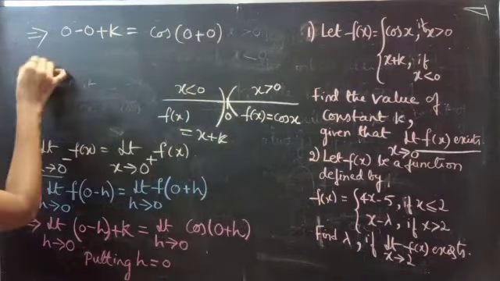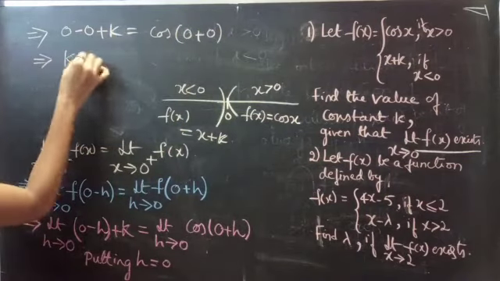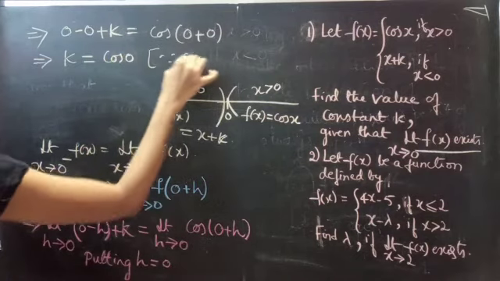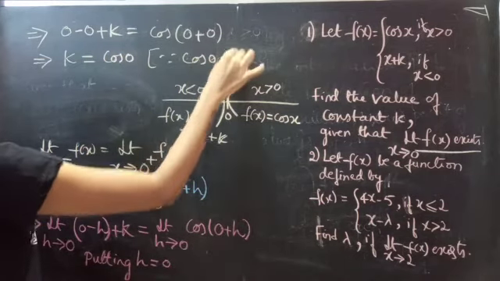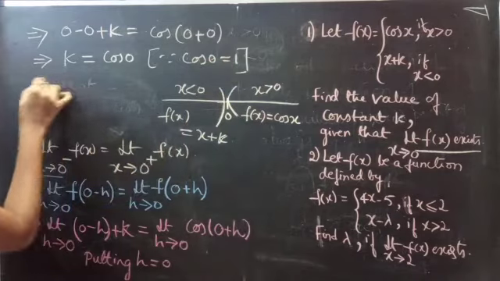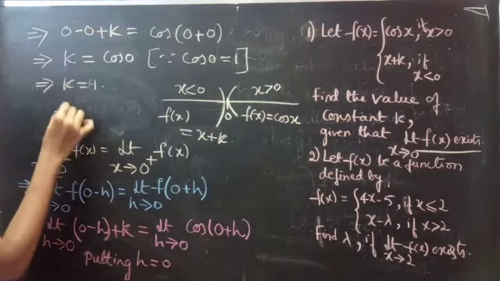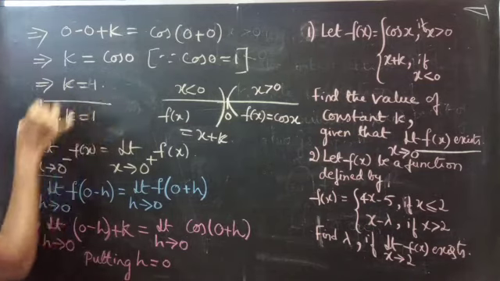So this implies k equals cos 0. Since the value of cos 0 is 1, this implies k equals 1. So therefore, k equals 1.